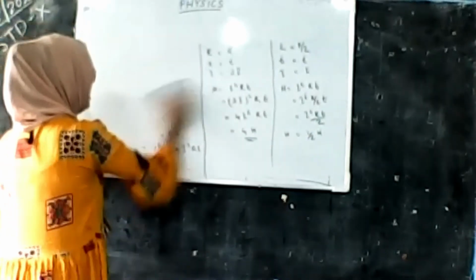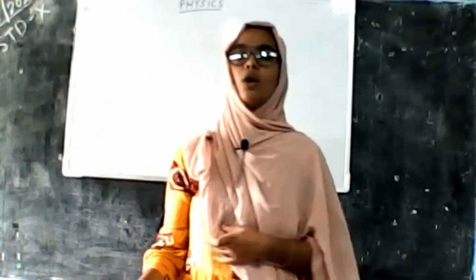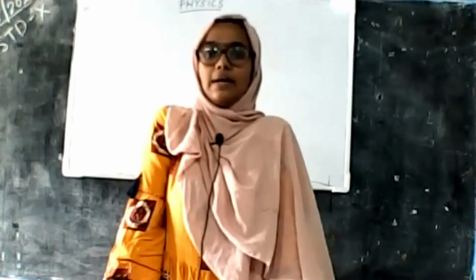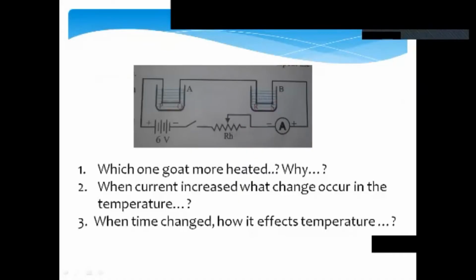And we have to discuss a small experiment, shown through our slide. All of you have seen the image of two beakers in our textbook, containing two wires, PQ and RS.